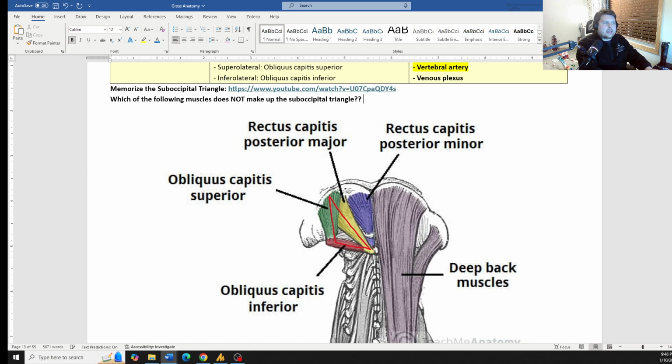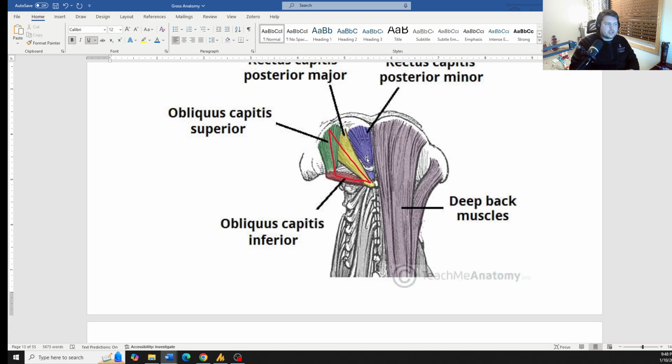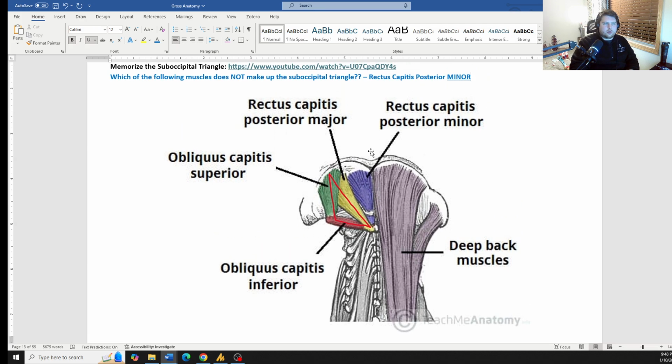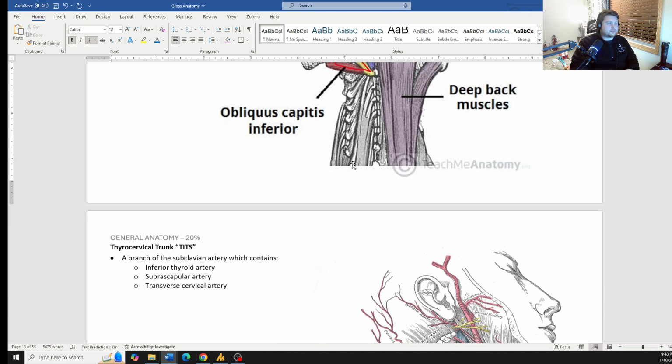And they're going to try and get you by asking about rectus capitis posterior minor. That gets confusing. Major is part of the triangle. Minor is not part of the triangle. That's what we want to make sure that we know. This muscle, while it is an important structure and we need to know all about it, is not part of the actual triangle itself.